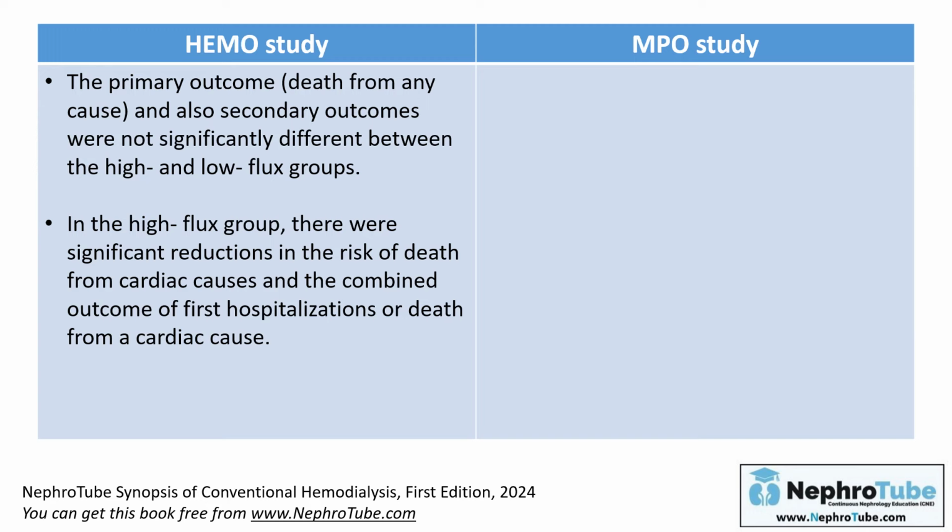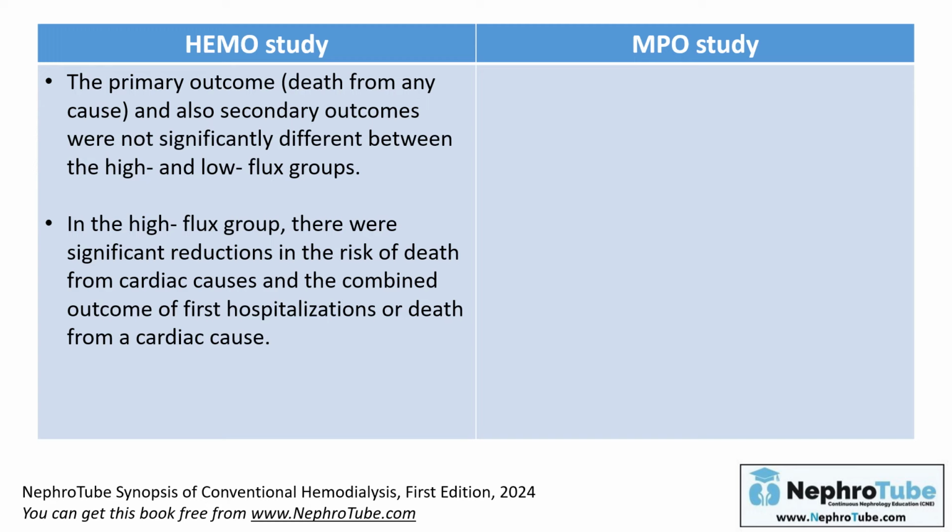Regarding the MPO study, which was the membrane permeability outcome study, it was a prospective randomized controlled trial investigating the use of high and low flux dialyzers in hemodialysis patients with low serum albumin, less than or equal to 4, and patients with normal serum albumin, more than 4.